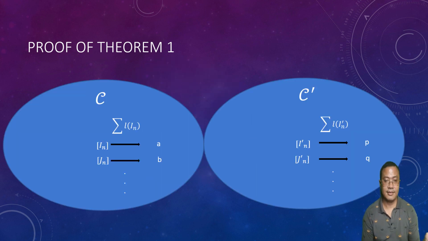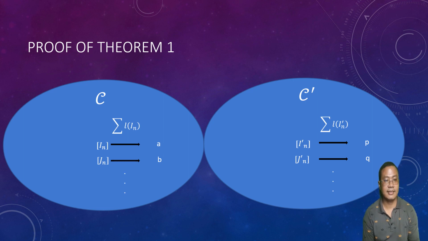All right, so suppose you have covers C of B, and then from the collection C for B, you take one cover In, that will give you a real number after calculating the summation of l(In). Okay, another cover Jn will give you another real number.